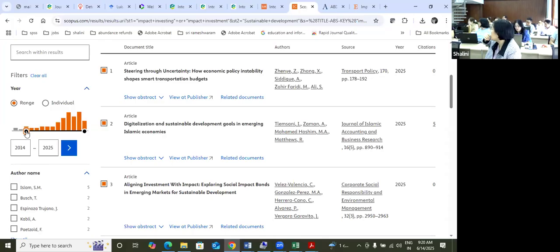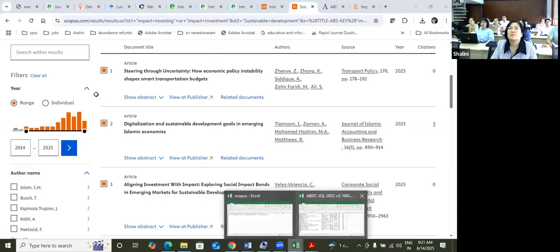Can you show how to check the journals with the ABDC ranking, automatically or manually? Okay, there is a very easy way to check this in one go. Let me take you to this. So this is the list.